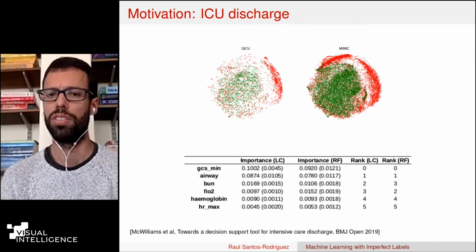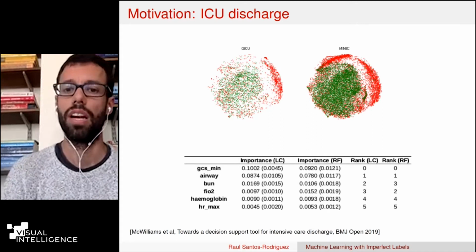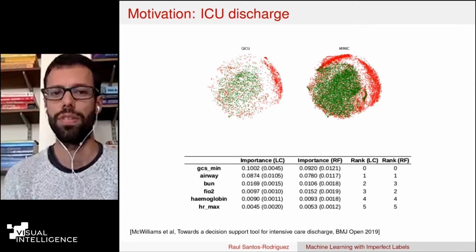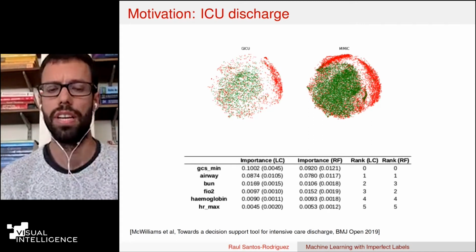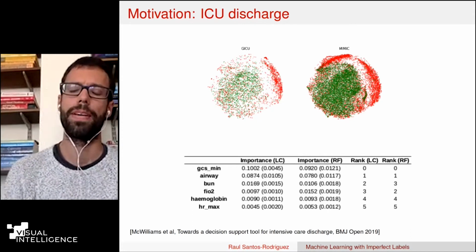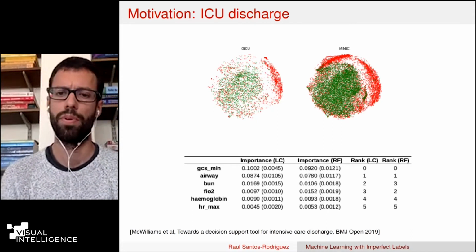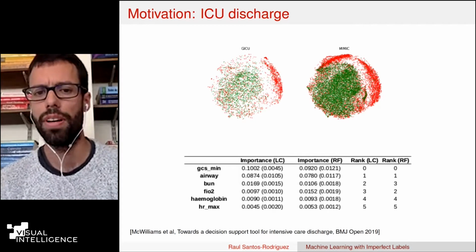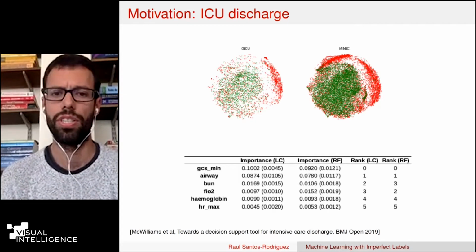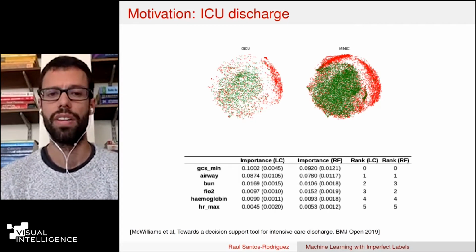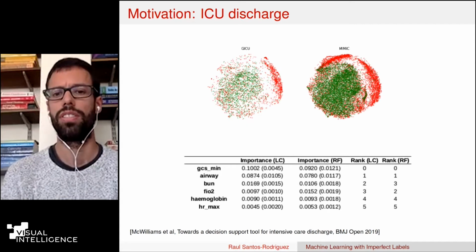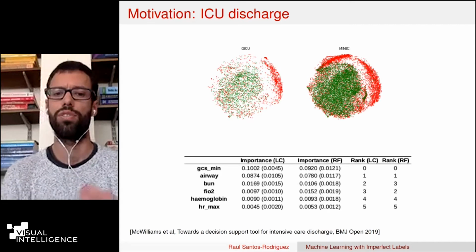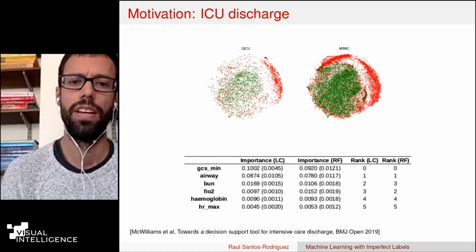And when you plot them in 2D, they look like the clouds that you have in there. The left one is from Bristol. The right one is from a hospital in Boston. But in both, patients that are ready to discharge are in green, and those that are not are in red. And our task is to be able to identify them.